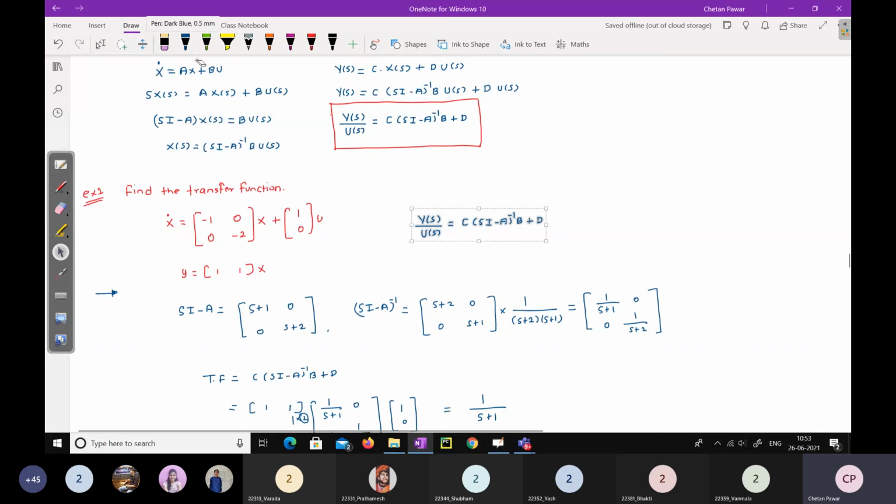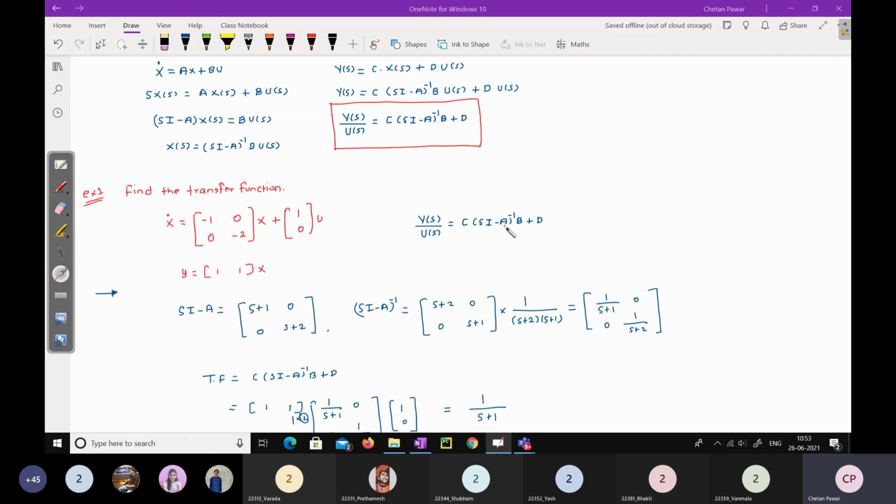So this is the A matrix, this is B. We know the A matrix, we know the B matrix, and we also know the C matrix. Now, first find this particular term.